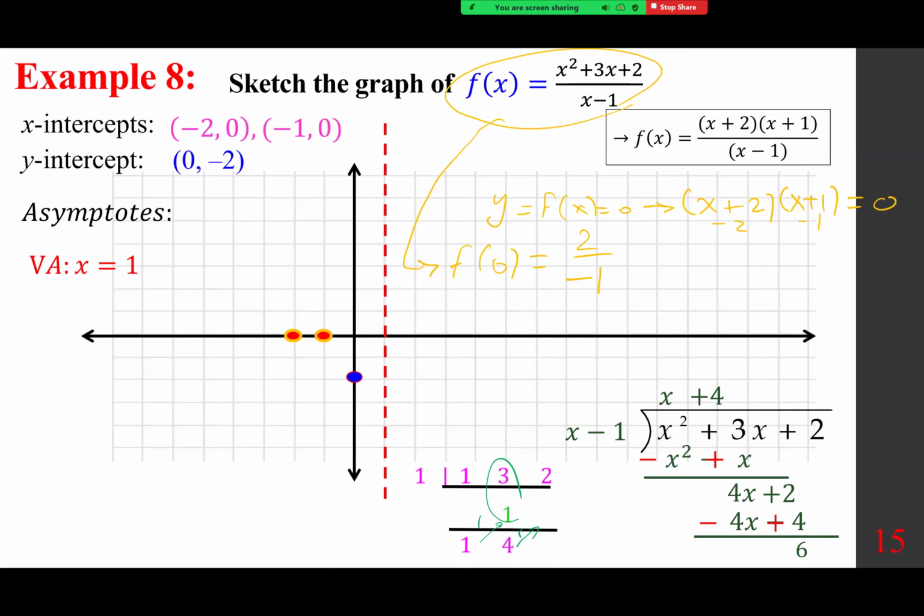Multiply by 1. You add these two, you get the same answer as before. Since this is degree 2, you go down by 1, so this is 1x or simply x. This is 4, and this is the remainder just as you have it here. So y equals x plus 4 is your oblique or slant asymptote.